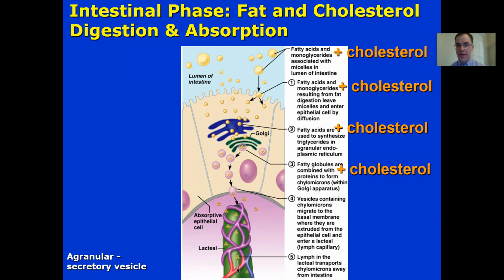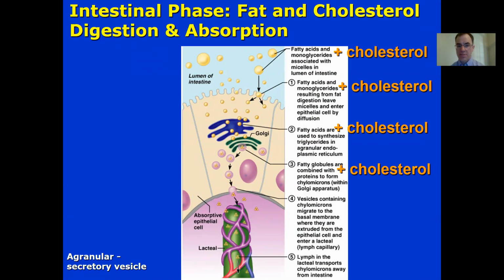The reason is that the triglyceride is too large to make its way into the wall of the small intestine by itself, so it has to be broken into pieces to get into the wall, only to be put back together. Once you have a triglyceride in the endoplasmic reticulum, it gets moved into the Golgi apparatus.